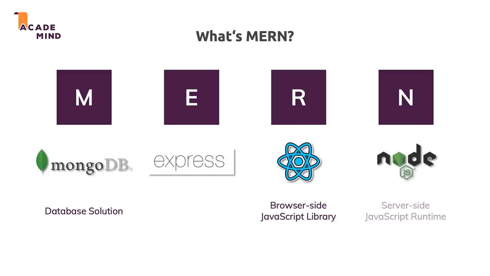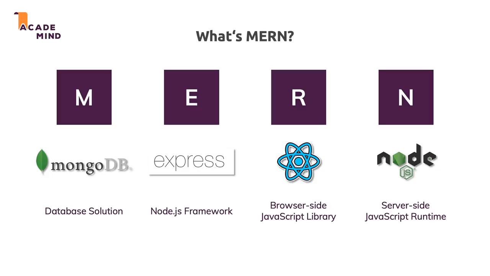This is a server-side JavaScript runtime, an environment where JavaScript code can be executed outside of the browser. And now ExpressJS is a framework for Node.js, so it in the end makes building Node.js applications easier. Now combined, these technologies form the so-called MERN stack. They work together particularly well, and you can build amazing full-stack web applications with these four technologies working together.